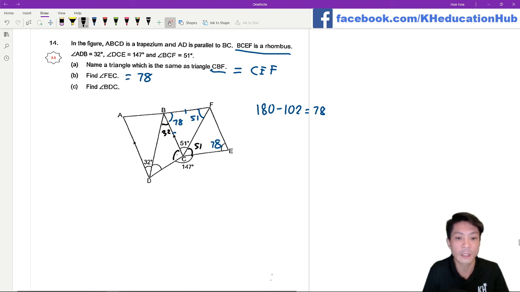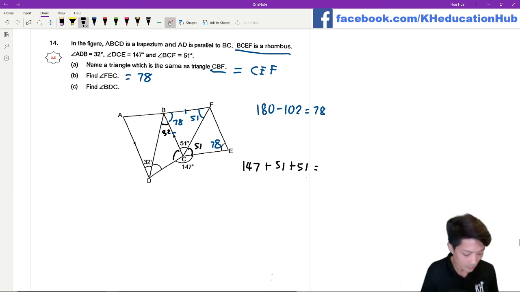So I'm going to find this angle first. 147 plus 51 plus 51 is equal to 249.